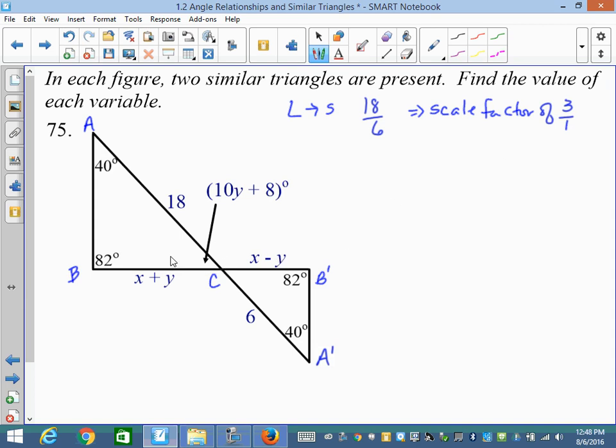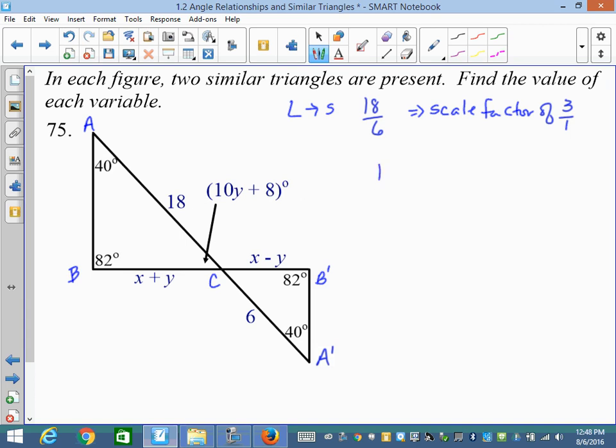But really, they just want to know, find the value of each variable. I need to know what this side, or this variable, is, and what this one is. And all we really know is that we have a 3 to 1 scale. So this may not work for us as well as we wanted it to, because we need the sides.